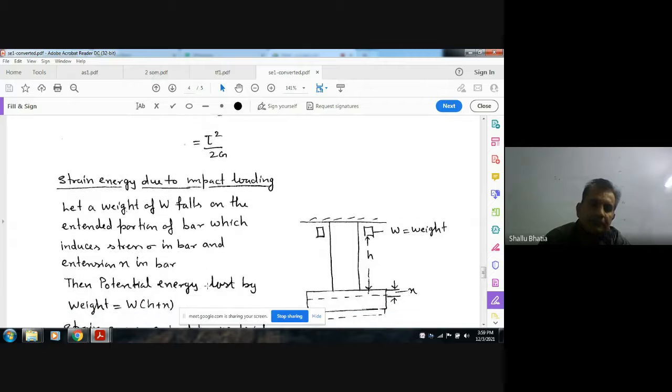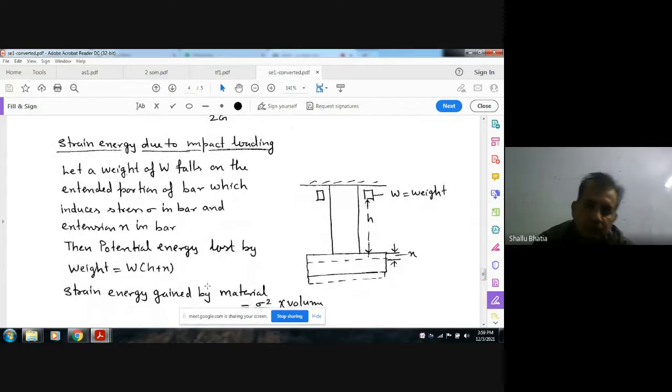Now impact loading, strain energy in impact loading. Suppose this is a bar, and a weight W falls from height h, and there is x deformation in the bar. Then the potential energy lost by this weight: initially the weight was at height h, and the height lost is h plus x, so the potential energy loss is W times h plus x.